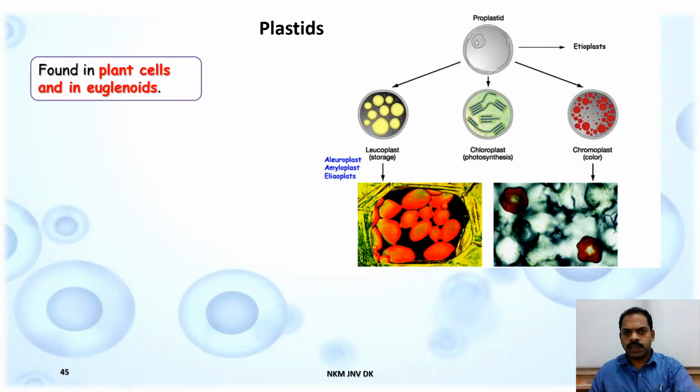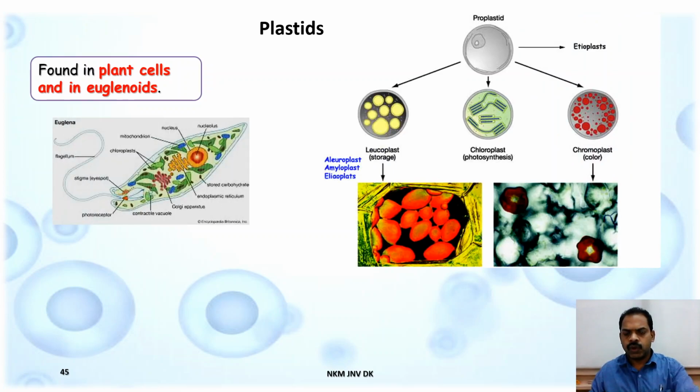The organism can swim like an animal but does photosynthesis like a plant. So they also contain plastids.